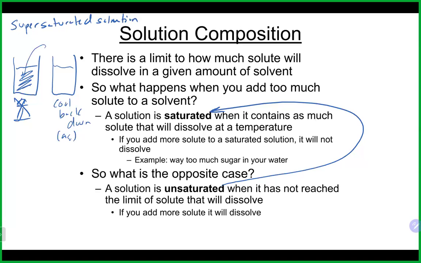It's so unstable that if you just put a super small speck of whatever you dissolved into that solution, that is enough for it to go, whoa, I've got way too much dissolved. It'll go from the liquid state, which is a solution, and all the solid will just come right out of solution.